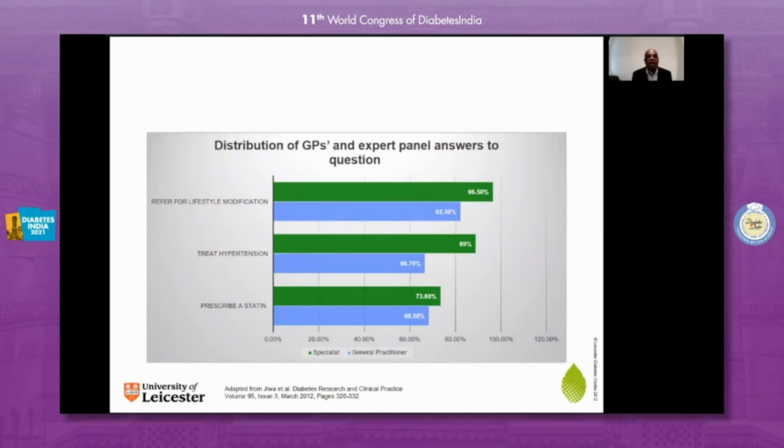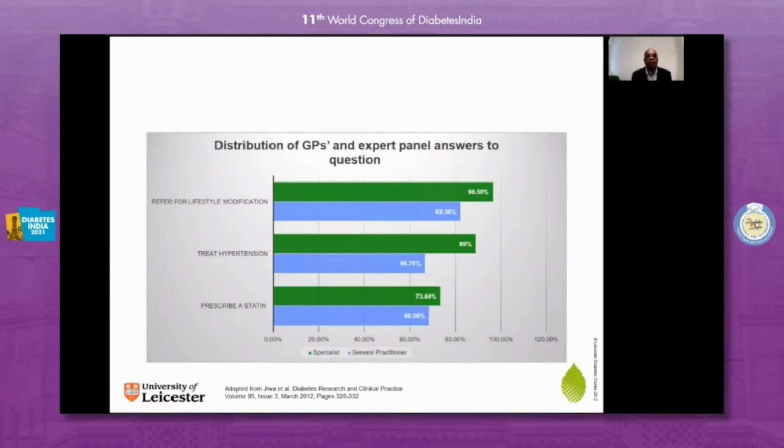And similarly, when it came to prescribing for those patients who were at very high cardiovascular risk, 68.5% of the GPs admitted they were going to prescribe statins compared to 73.6% of the specialists.